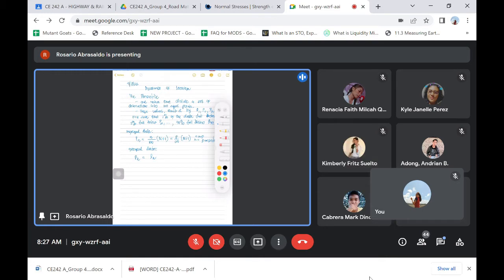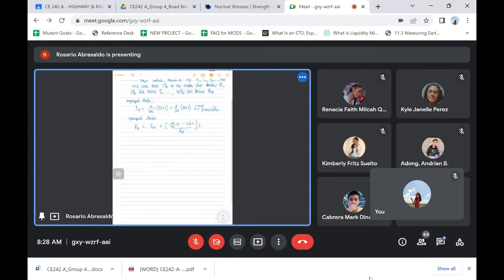We have also decile and quartile. So n over 100 times the number of observations minus the cumulative frequency less than, over the f sub p, times the class size. So this is L sub n.